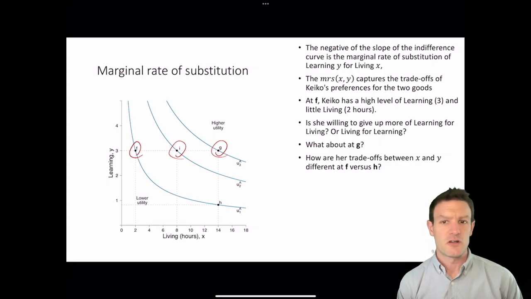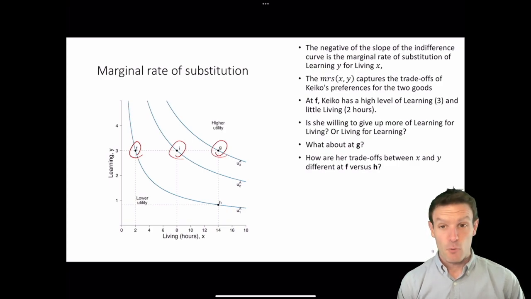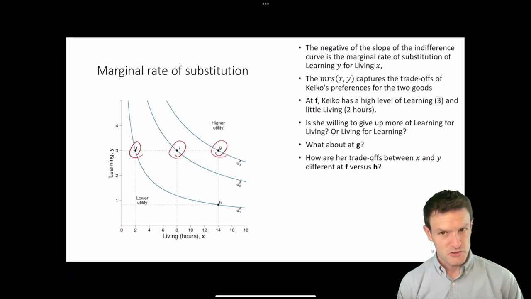We can still think about them in terms of the marginal rate of substitution along a given indifference curve. If we look at points f, I, and g, and compare the marginal rates of substitution at those points, what can we see? At point F, she has a very steep indifference curve, which means her marginal rate of substitution is high.